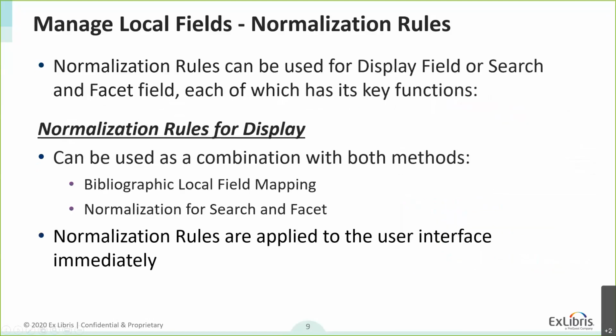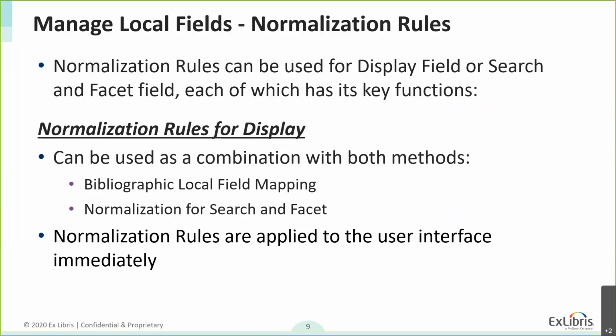So as before, there is normalization for display and for search and facet. You need to create them in separate rules. The implementation of each option is a bit different. We'll talk about every option, so you will see the differences. Normalization rules for display, this is the big advantage here, are applied immediately to the user.